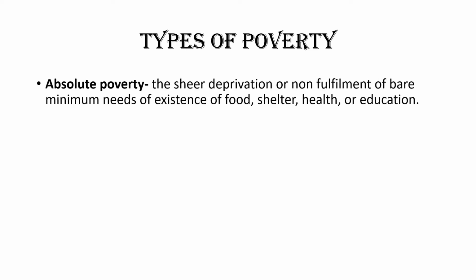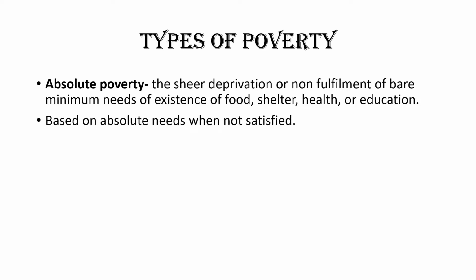There are mainly two types of poverty. Number one is the absolute poverty. It is the sheer deprivation or the non-fulfillment of bare minimum needs of existence of food, shelter, health or education.